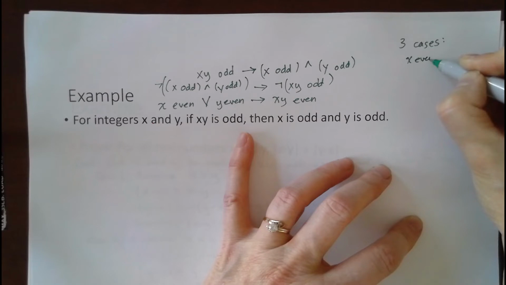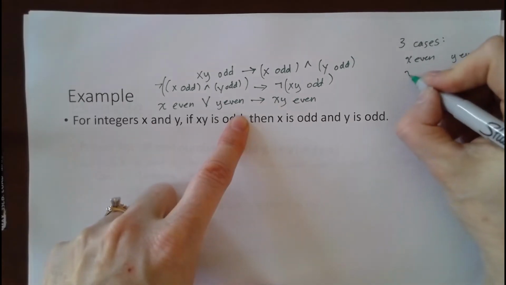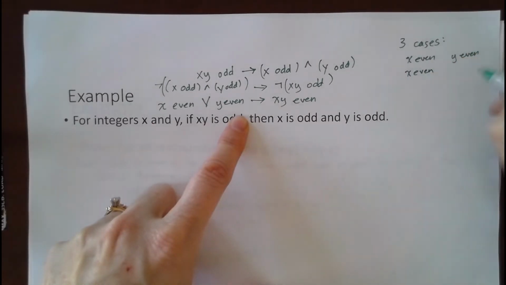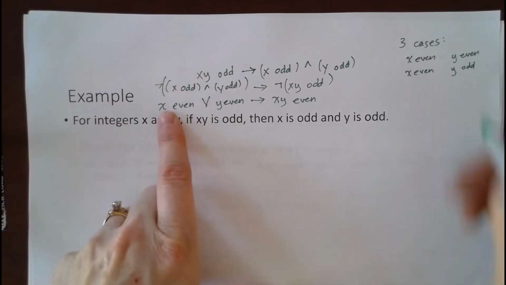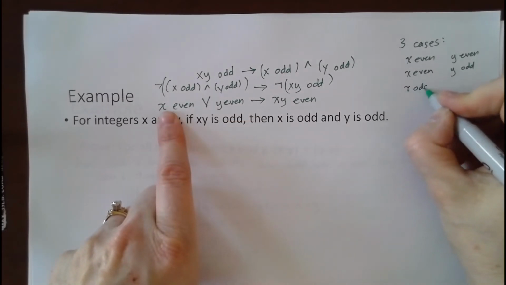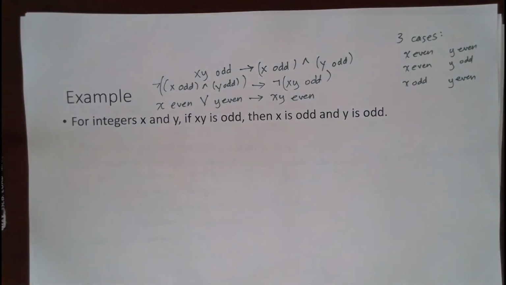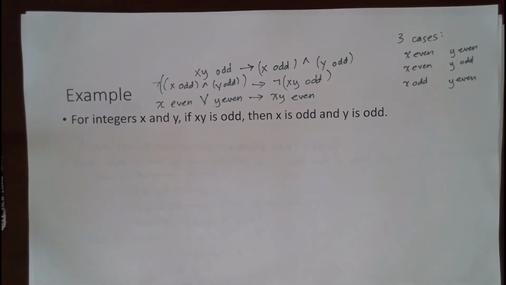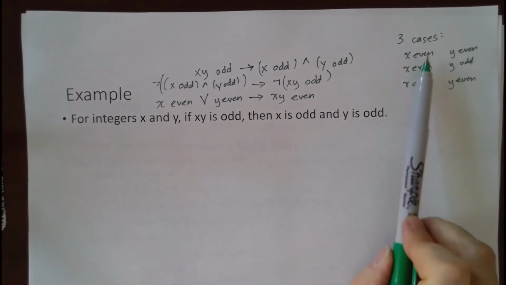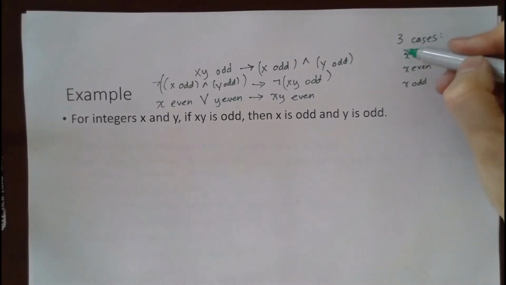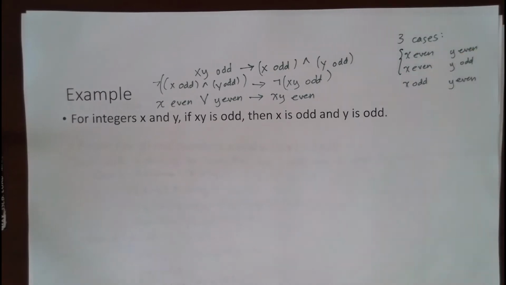We could have x even and y odd. Or we could have x odd and y even. So if you'll notice, if I were to say something like, assume that x is even, then that would be enough for me to cover both of these cases.